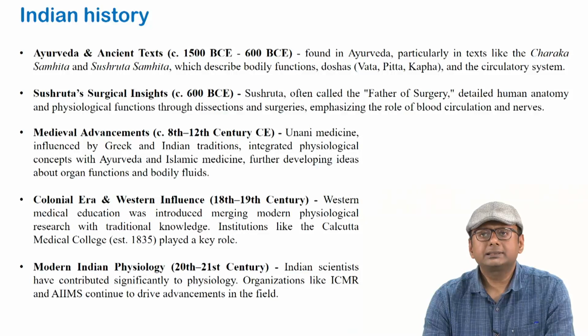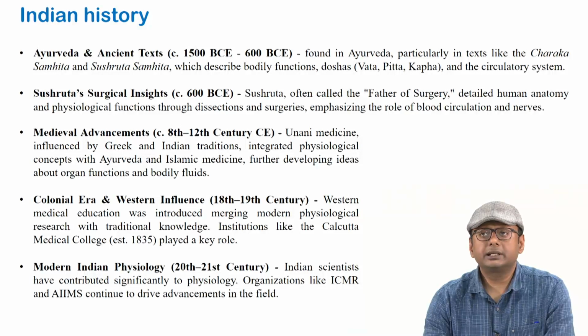So basically we discussed the worldwide discoveries of physiology, but we should not forget our Indian ancient history, right? Because India was very rich in terms of development in the field of physiology. We all know about our Ayurveda, right? Around 1500 BC to 1600 BC, as you can see, the culture of Ayurveda first came into practice.